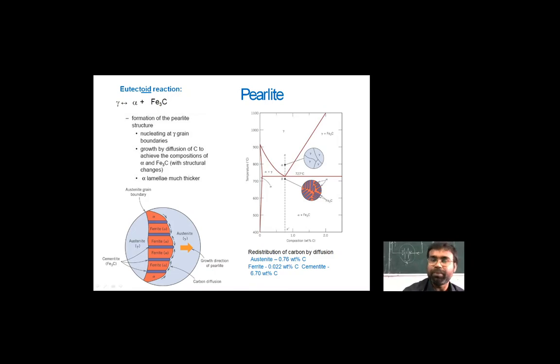Basically, you can see the changes in the hardness of the material, and the hardness relates to the strength of the material as well.